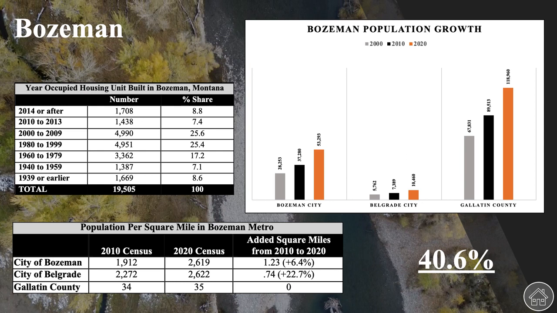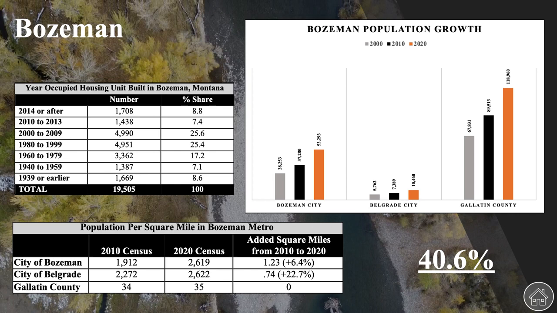Bozeman, Montana is the smallest of the three municipalities that were looked at for this report. It had a population in 2020 of 53,293, and that's a considerable growth from what the population was in 2010 when it came in at 37,280. It represents a 42.9% increase.